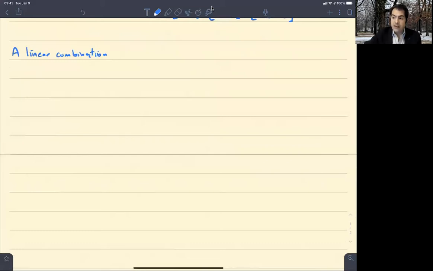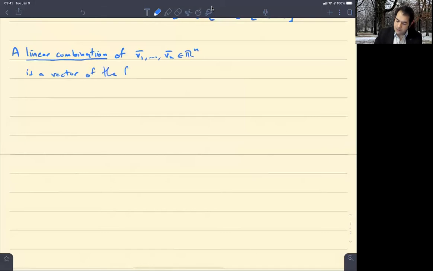So we're going to say that a linear combination of a set of vectors, say v1 through vk, inside Rn, is a vector of the form c1 v1 plus ... up to ck vk.